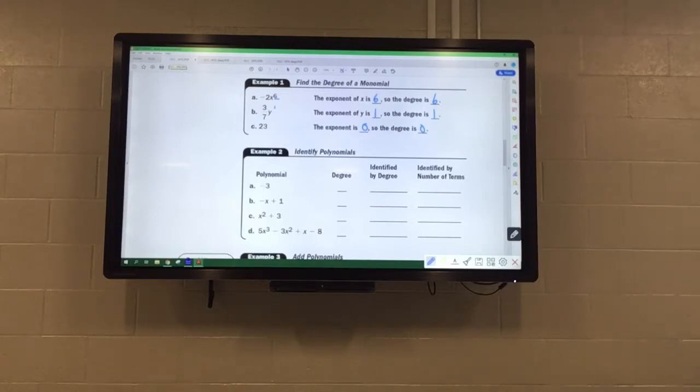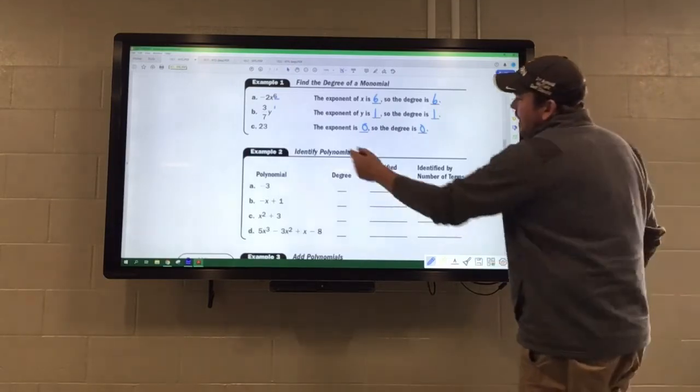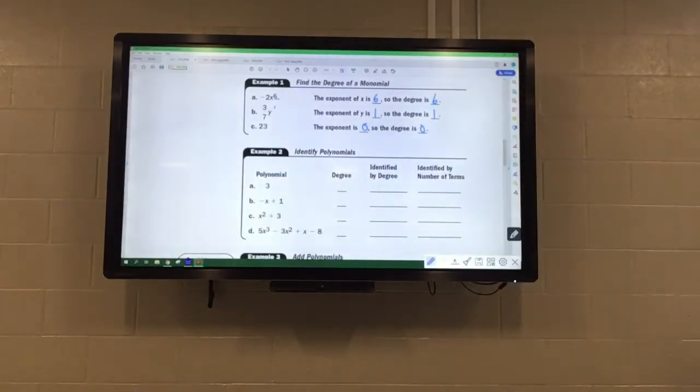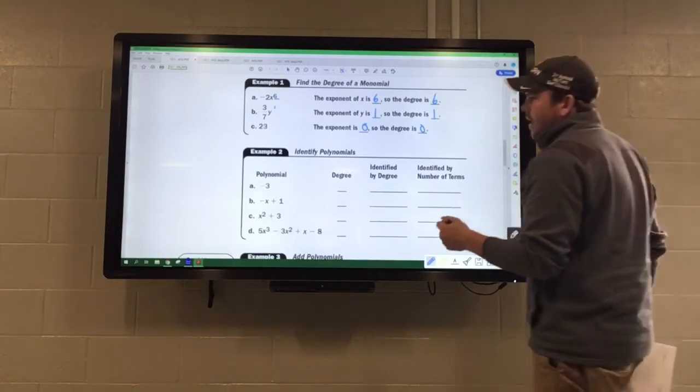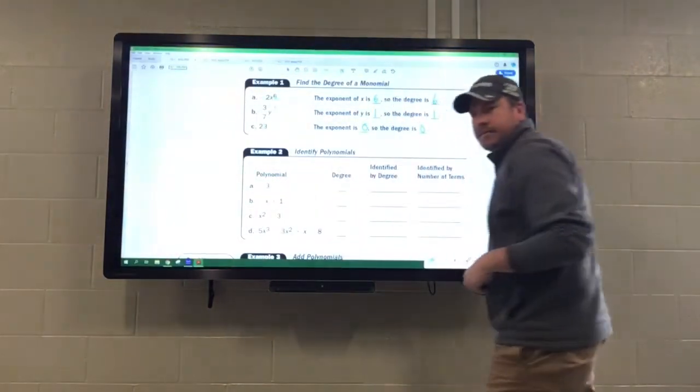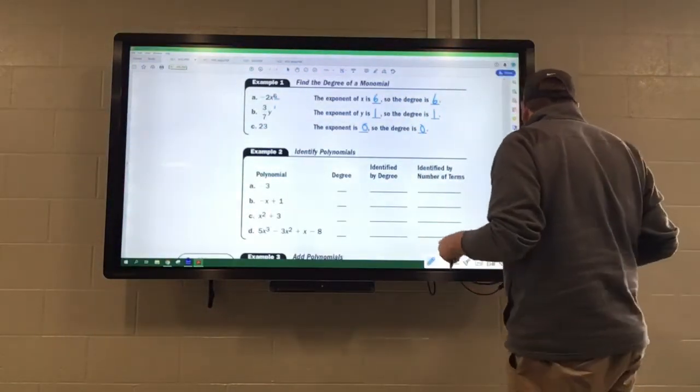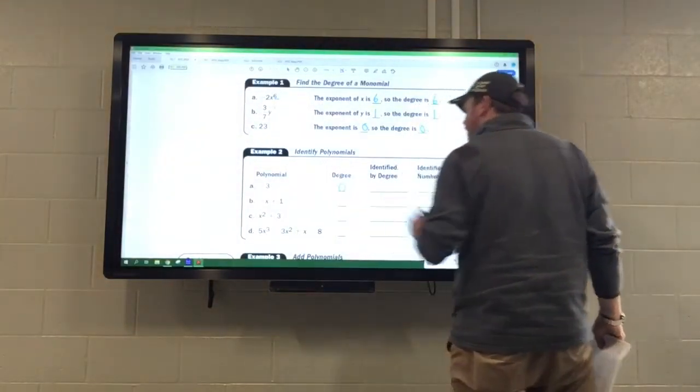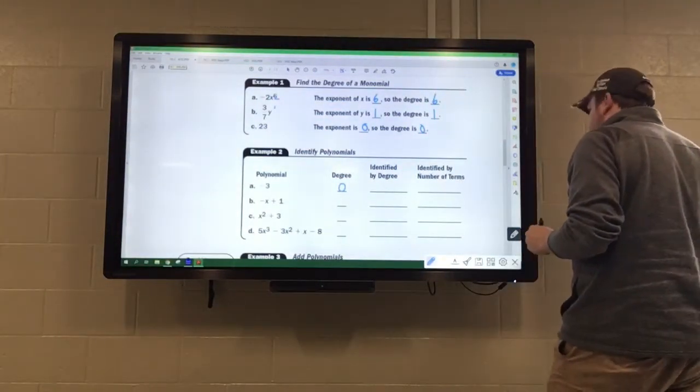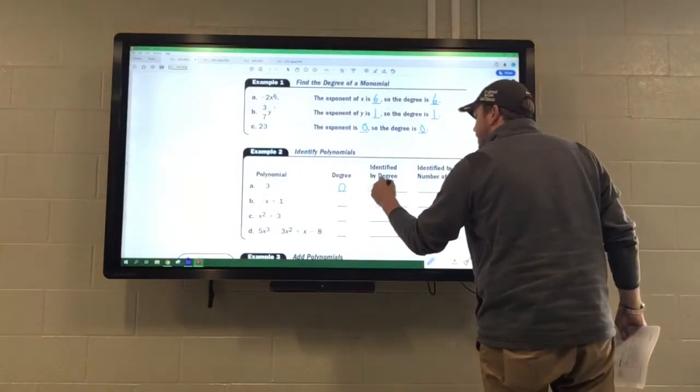So let's continue that. Here we're going to be identifying polynomials by degree and number of terms. Let's start with part A. So part A is -3, right? There's no variable, so its degree is 0. When we have degree 0, we call it a constant.